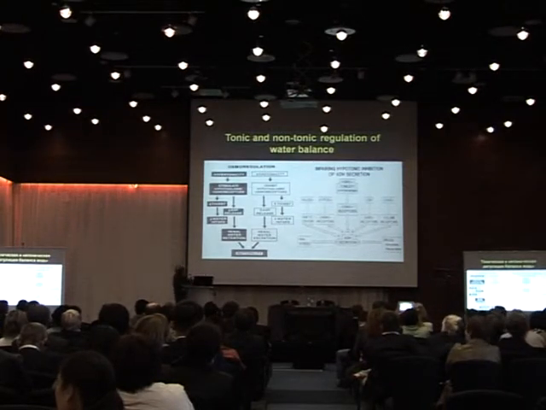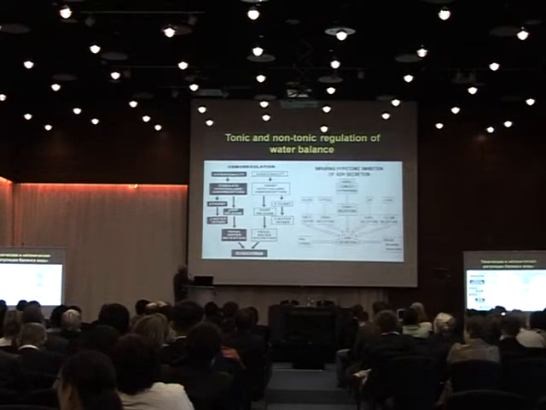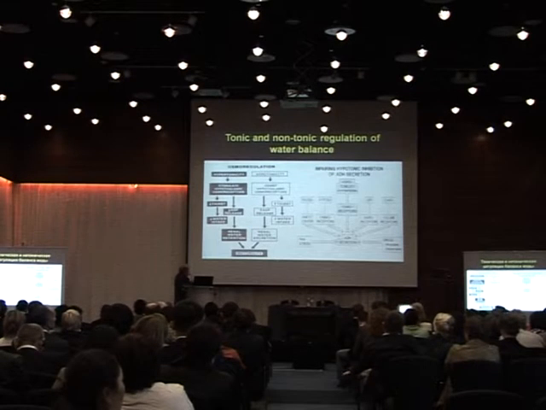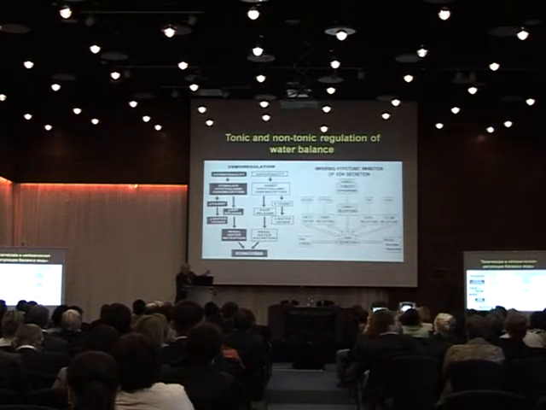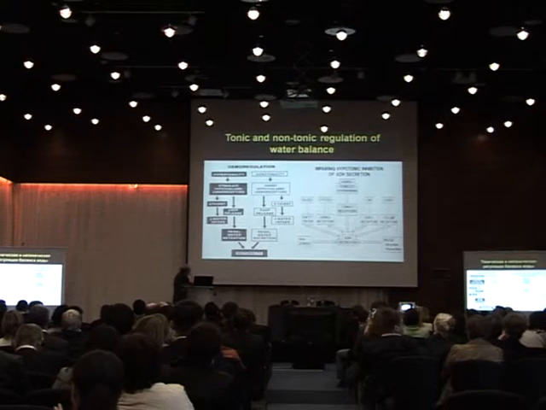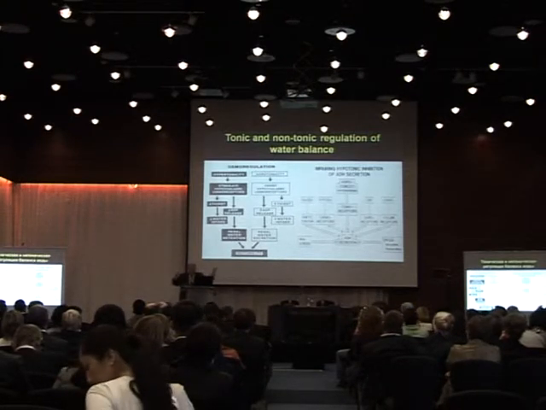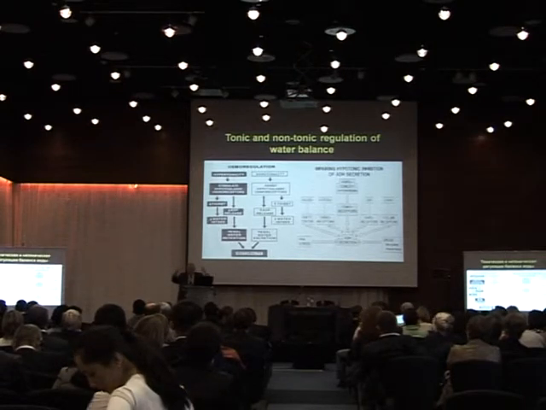On the other hand, if you're hypertonic, you stimulate your osmoreceptors, you stimulate your thirst, you stimulate your antidiuretic hormone. So on one hand, you increase your water intake, and due to the stimulation of antidiuretic hormone on the collecting duct in the kidney, you can retain water and you come back again to isotonicity. This is the classical, as I showed you in the previous slide, tonic regulation of thirst and antidiuretic hormone.